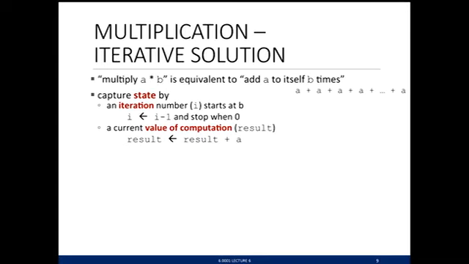If I'm thinking about this iteratively, I could capture this computation with two state variables. One would just be the iteration number, and it would be something, for example, that starts at b, and each time through the loop reduces by 1, and it will keep doing that until I've counted down b times, and I get down to 0. And at the same time, I would have some value of the computation. I might call it result, which starts at 0, first time through adds in a, next time through adds in a, and it just keeps track of how many things I've added up until I get done.